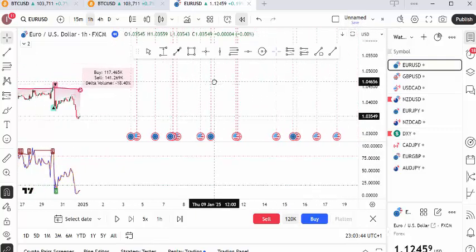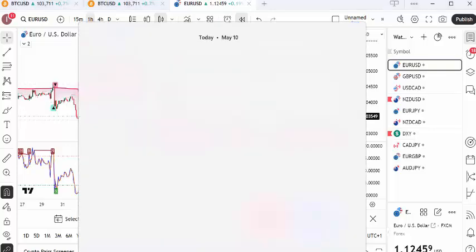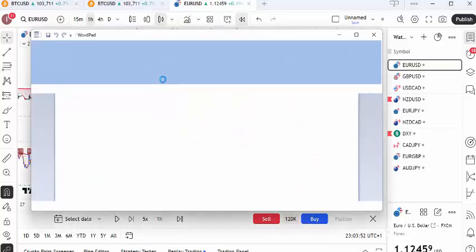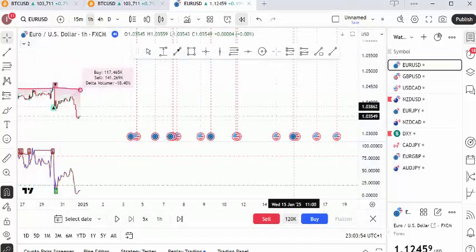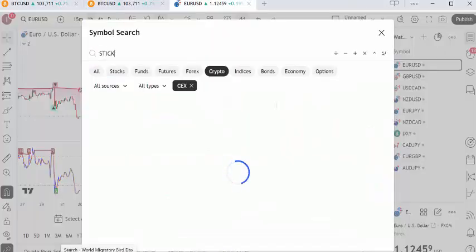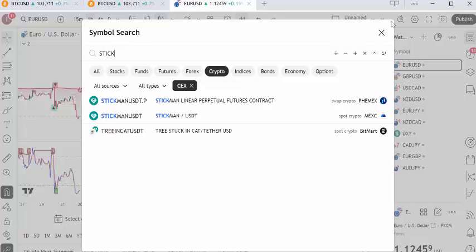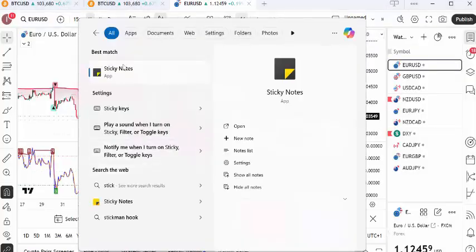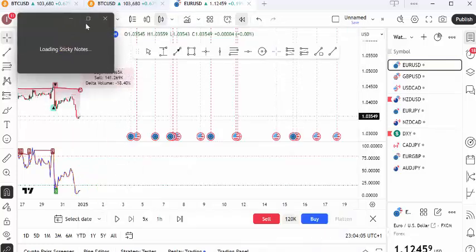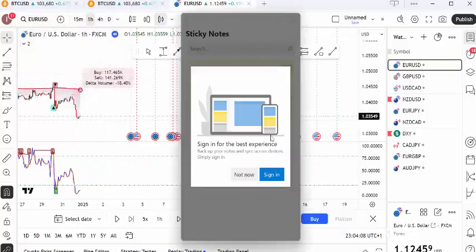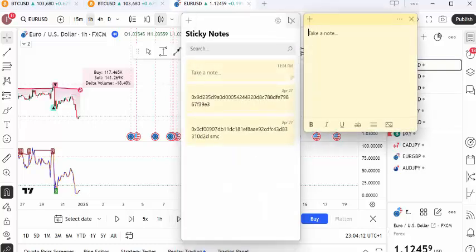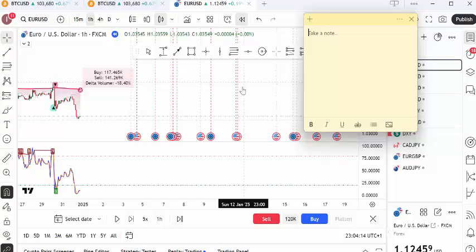Okay, so I think I should write our strategy somewhere. Let me get a word pad. Let's write our rules. Or should I get a sticky note? A sticky note, I think. Okay, we have our sticky notes.